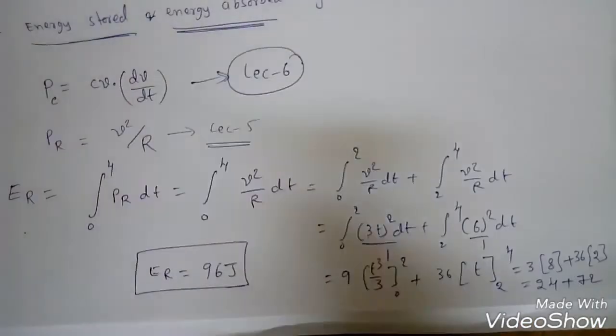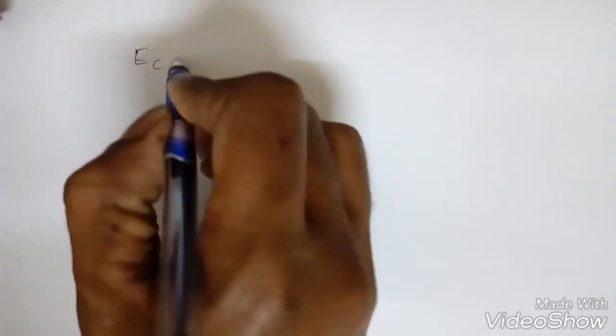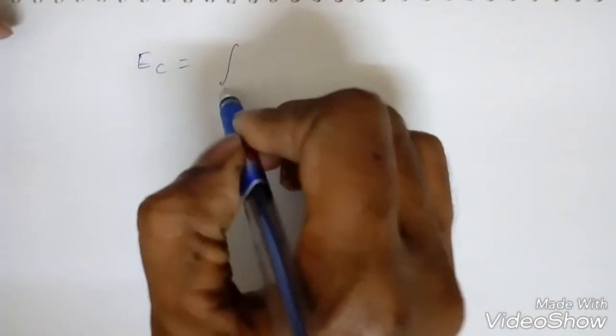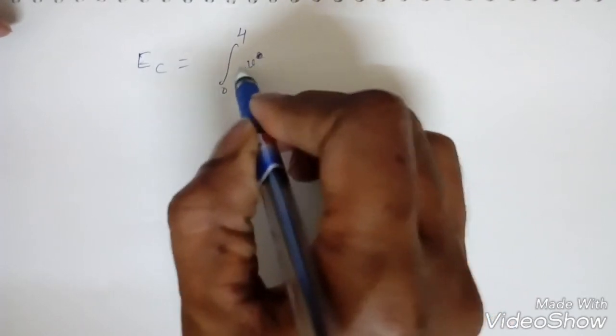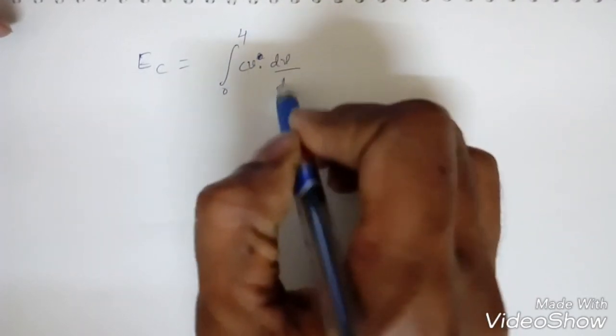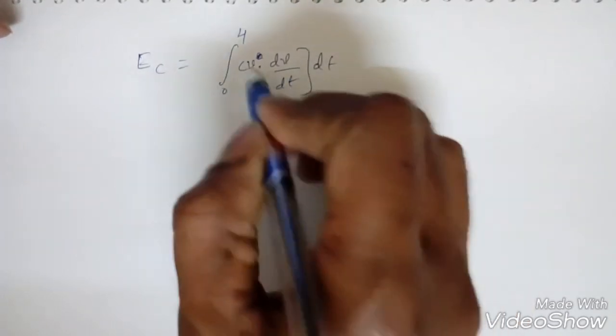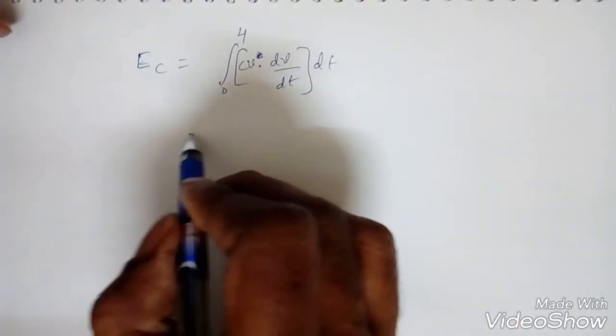Now we will find it across the capacitor. Again we use the same formula. E capacitor is equal to the integral from 0 to 4 of C V dV by dt, whole dt, and again the limits will be split.